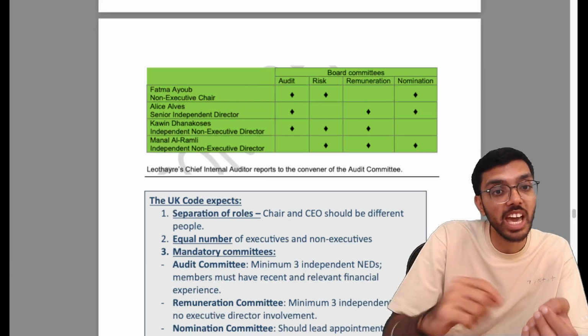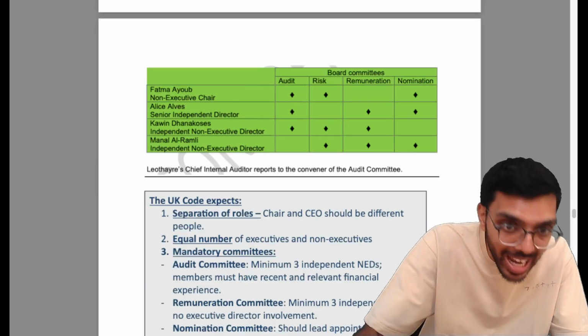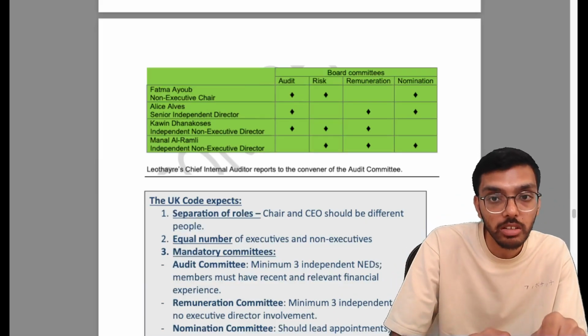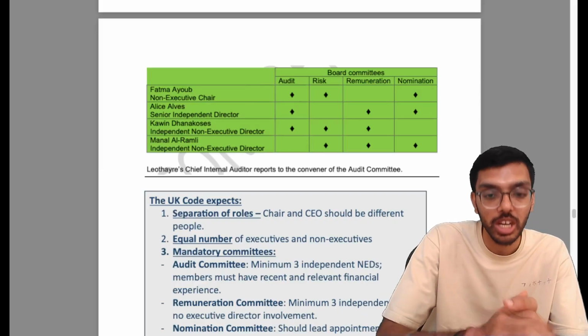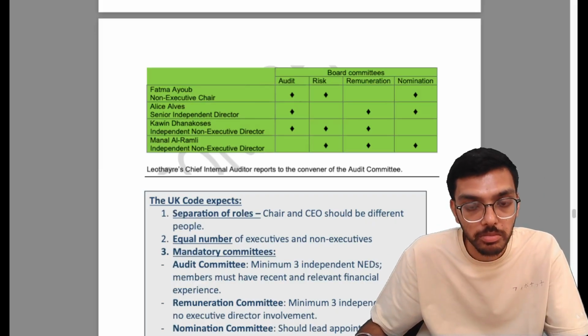The rule is that the chairman can be part, but he cannot be the chair of the audit committee or of the remunerations committee for that matter.